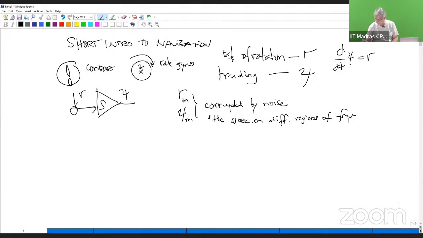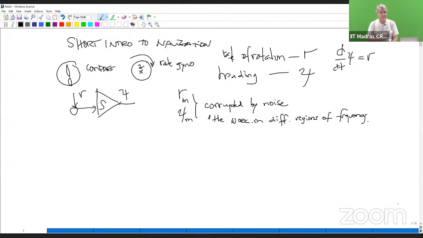What does this mean? I'm repeating whatever I said before. It means that the rate gyro normally is very good at high frequencies when you agitate a lot. And the compass is good at low frequencies when you do slow motions. So here is the situation where you would hope to find an algorithm that would somehow bring the two together and complement them so that across a full envelope of maneuvers in rotation, you could get some very good estimates of the angles.